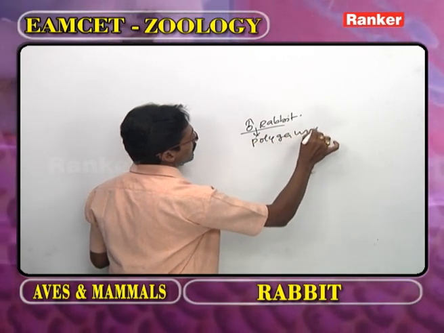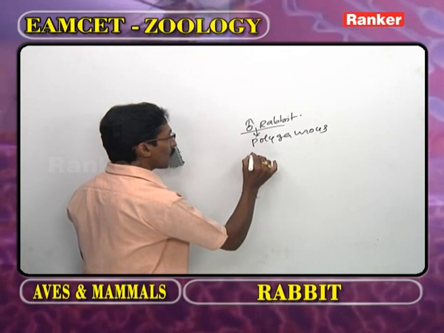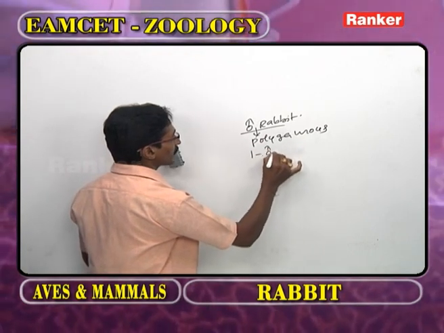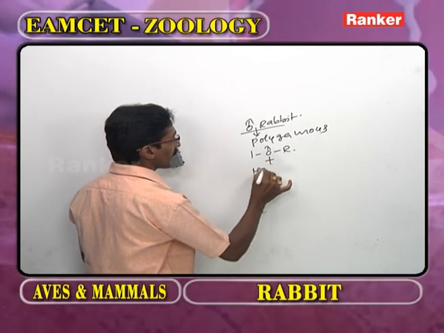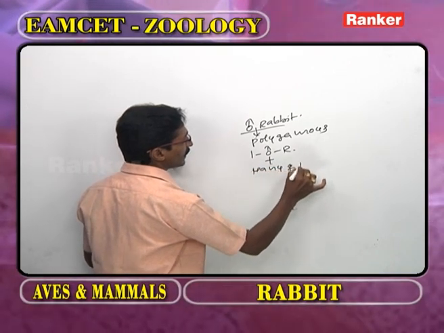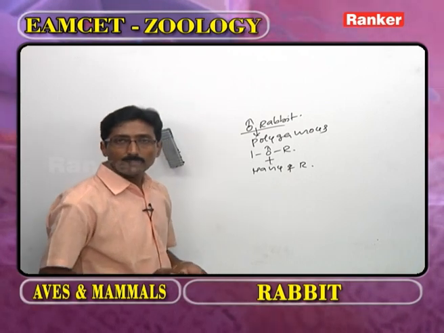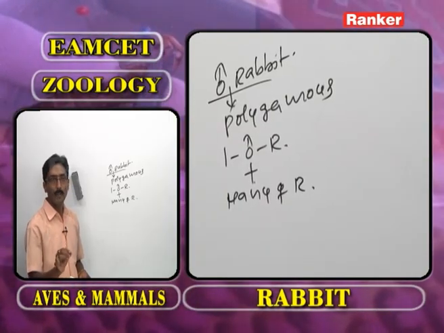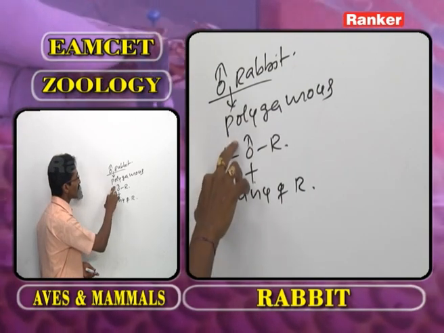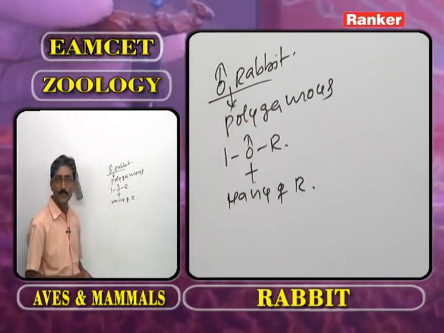What is meant by polygamous? One male rabbit engages with many female rabbits. That condition we say is polygamous.